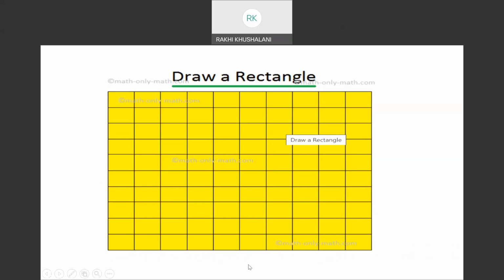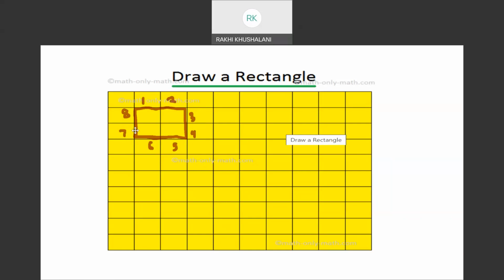I have these equal number of boxes, and if I plan to draw a rectangle here like this, so what is the perimeter and what is the area? The perimeter is 1, 2, 3, 4, 5, 6, 7, and 8. So 8 units.